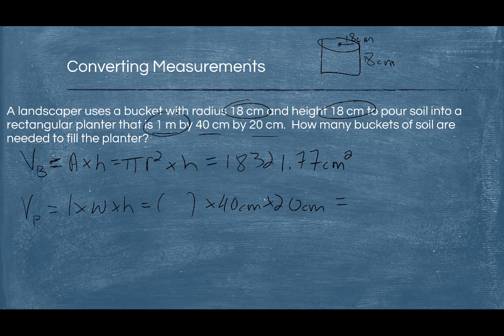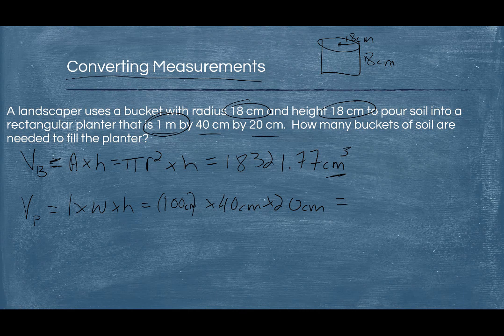But just be careful, check out that 1 meter. And I didn't mention this before, but the title of this example is Converting Measurements. It doesn't really matter what the units are, but they have to be the same. If I calculate this one in cubic centimeters, and I'm going to compare it to the other one, then I need this in cubic centimeters, which instead of 1 meter, I want 100 centimeters.